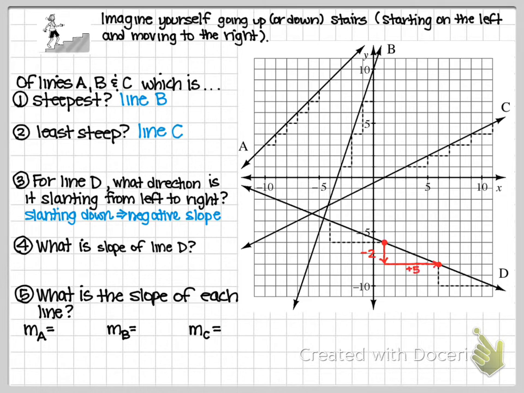So my slope for line D, m with a subscript of D, so I know which line I'm talking about, is going to be down 2, right 5. And a negative divided by a positive is a negative. So there's my slope for line D.